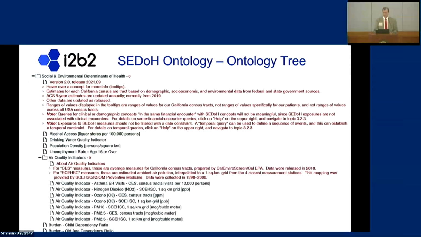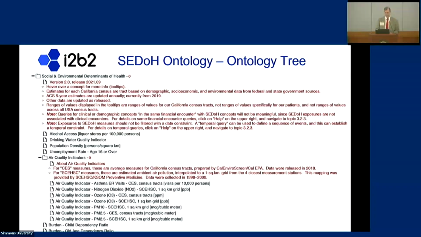So here's a picture of the ontology tree. This was produced in 2021. This is how it looks in the current demo version, which happens to be online. I'll give you a link to that later on. There are some comments at the top in red explaining how to use this particular data set. And then you see a number of items there.